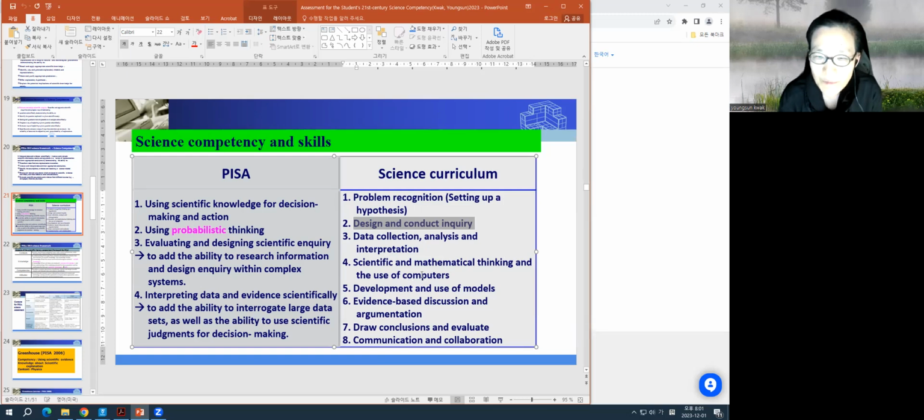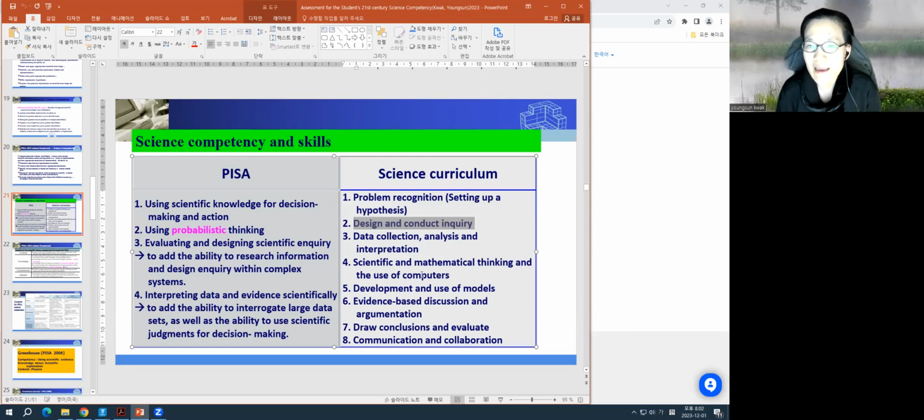The next step is you could also include development and use of models. And then the next step is evidence-based discussion and argumentation. In science inquiry, you need to explain based on evidence. You need to argue based on evidence.